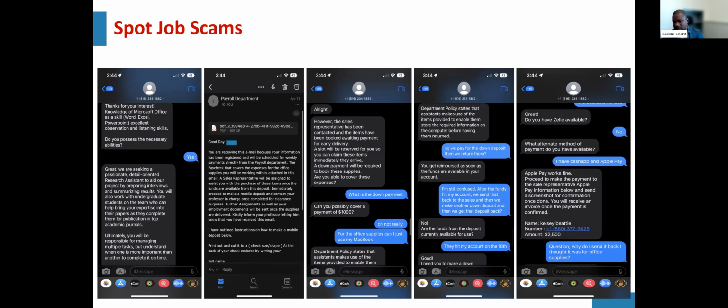But again, you have to think. When you reach that point, remember the end goal is to get money from you. Let's say you were not able to identify all the different red flags before here. When you get to that point and they're asking you to pay money, think twice.